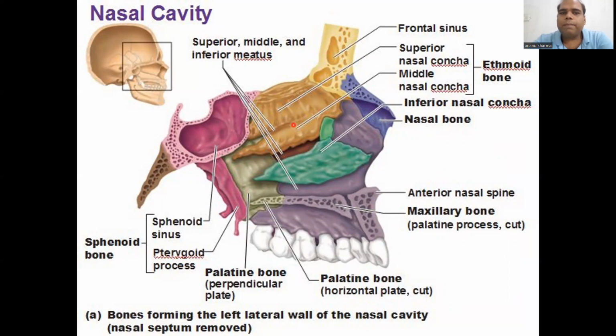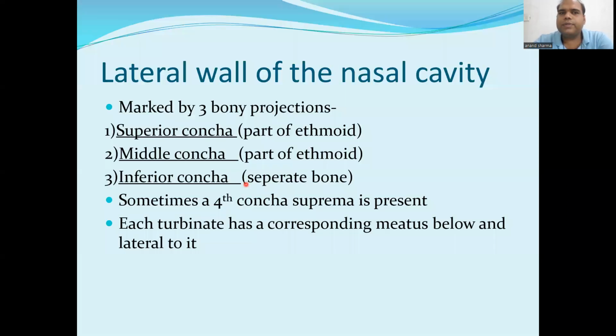Along with that, some part of the lateral wall is formed by maxillary bone and some part by sphenoid and palatine bone. So this is how the lateral wall of the nose is formed.